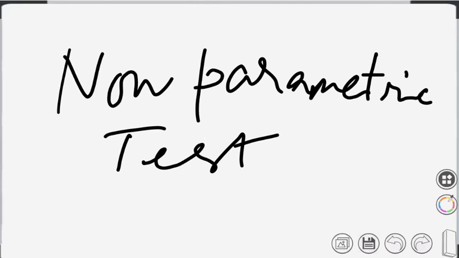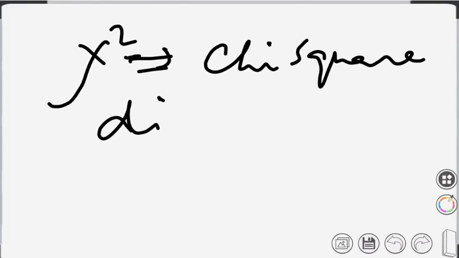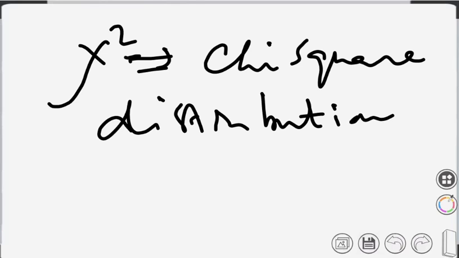it looks. The distribution that I'm talking about is called the chi-square distribution. The probability density function is not important, but the property of how the graph looks is important.